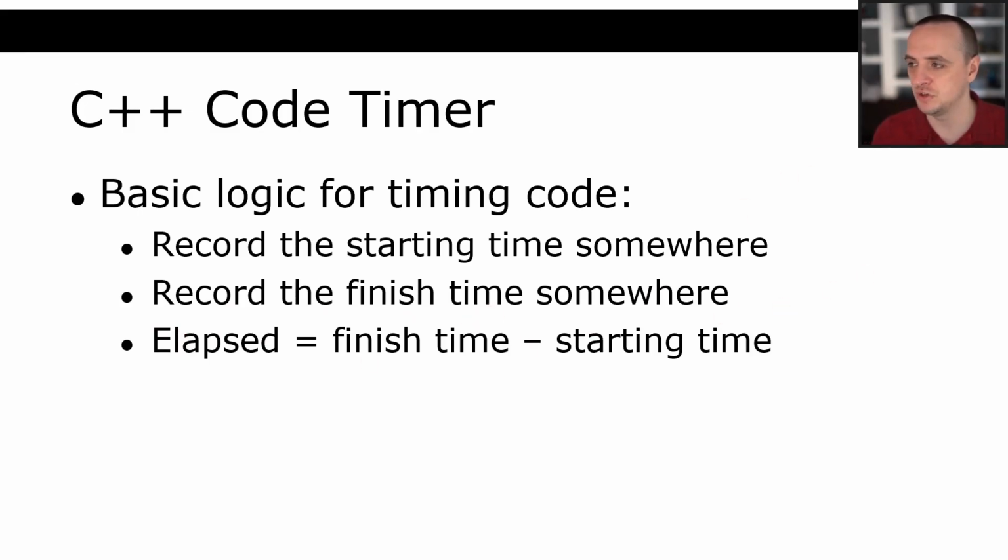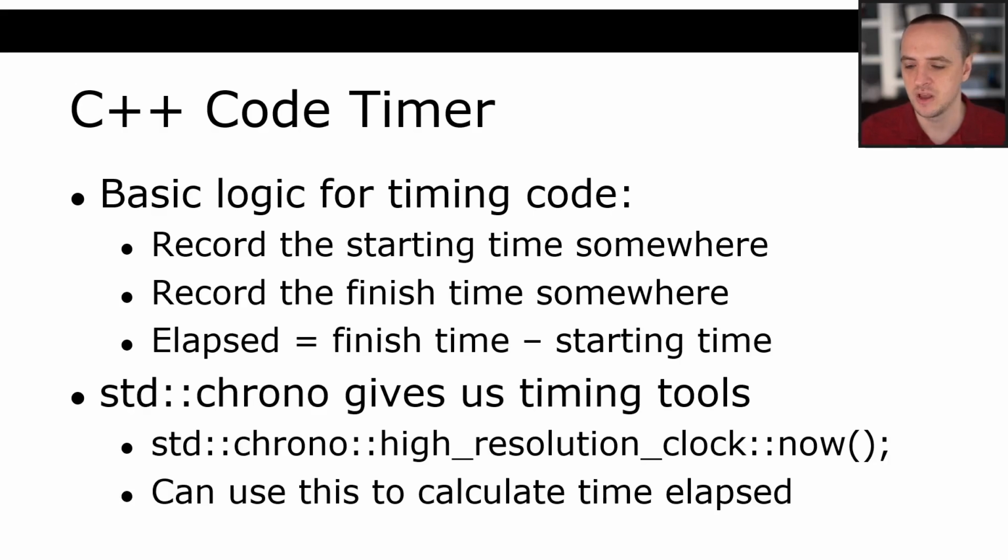That is how you record and time data. And so std::chrono is in the modern versions, I think, since C++17, and that gives us pretty accurate timing tools for C++. So we have std::chrono::high_resolution_clock now, and that will give us a timing based thing.